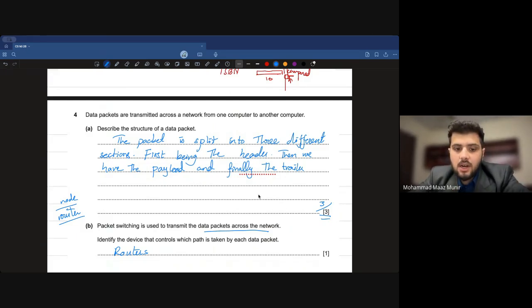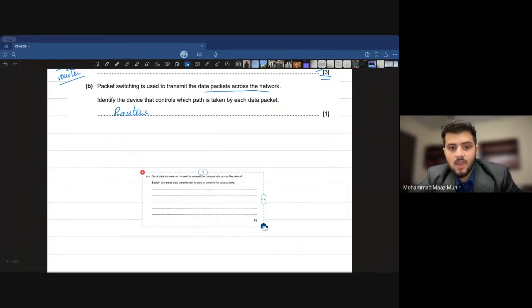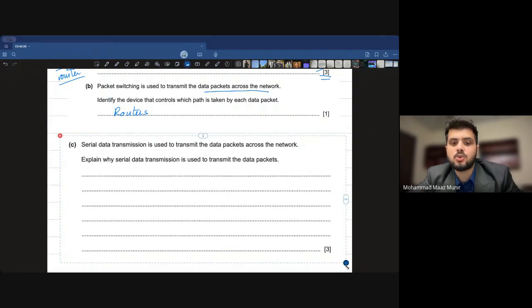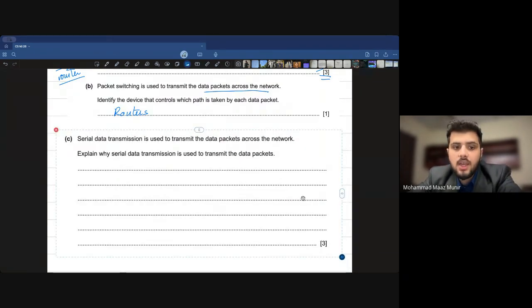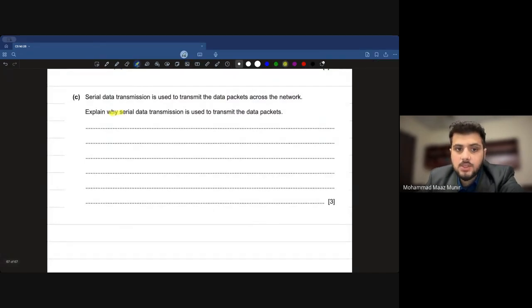So we just need to write router, and then the C part of the same question comes to serial data transmission. It says that serial data transmission is used to transmit the data packets across the network, and asks us to explain why. The keyword up here is why. So why is serial data transmission used to transmit the data packets?